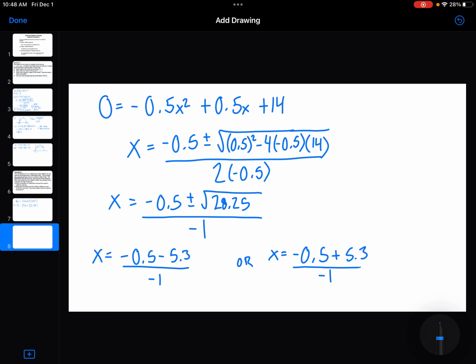So in one case here, negative 0.5 minus 5.3 divided by negative 1 is going to give me 5.8. Over here, we would have negative 0.5 plus 5.3 divided by negative 1, so we're going to get negative 4.8.